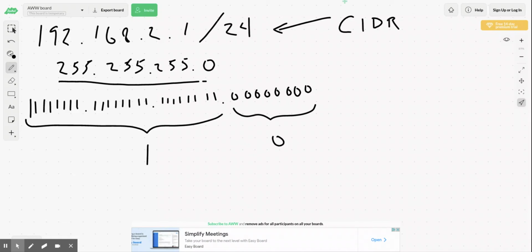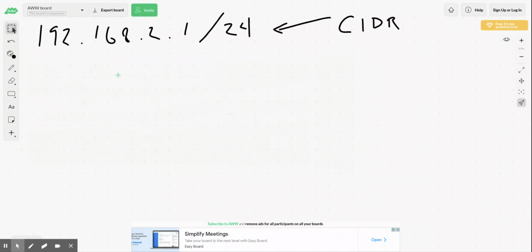Okay, I'm going to select this, and we'll look at this again. Not with a /24, because it doesn't have to be a /24. Let's look at a CIDR address of, if I can get my pen tool, okay, /20.